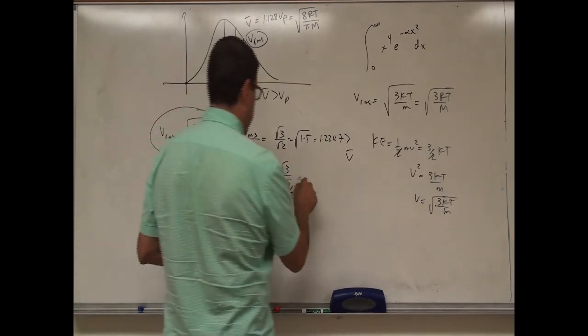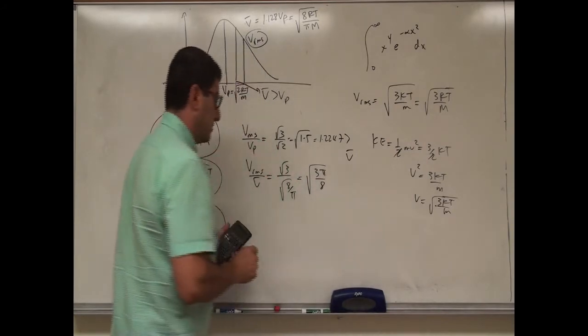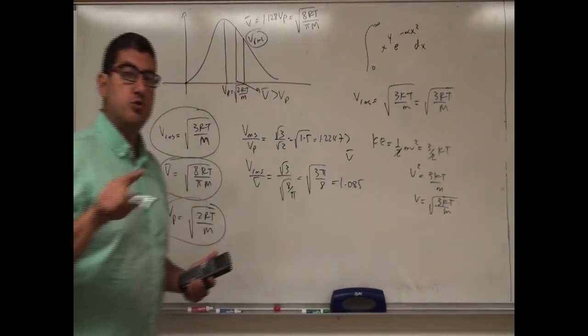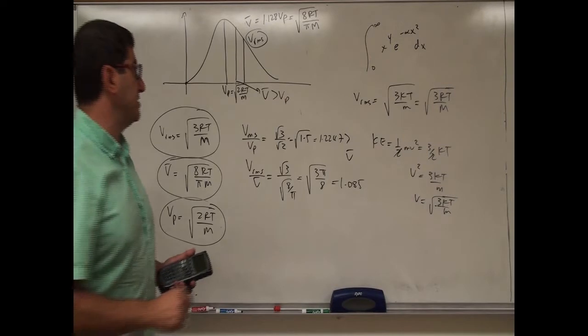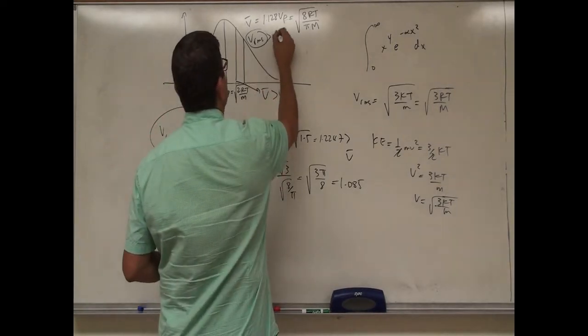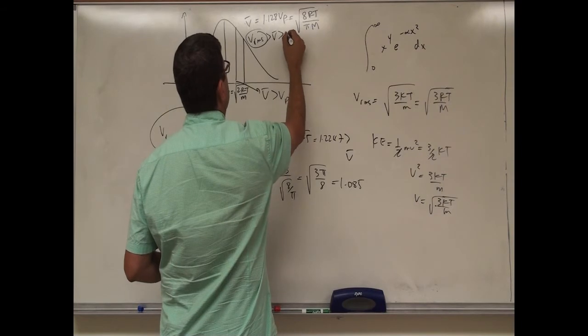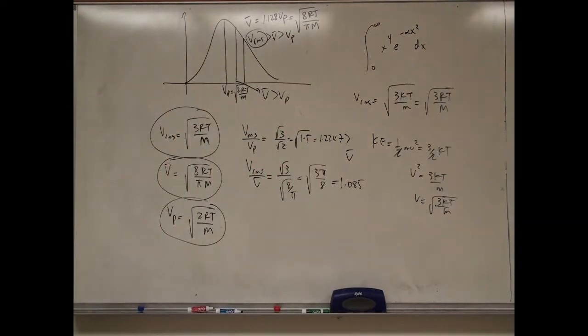Right? So you can say here the square root of 3 pi over 8, which is 1.085. So you can say the root mean square speed is 8.5% larger than the average speed. You see? So this is larger than the average speed, which is also larger than the most probable speed. Right? So that is the speed that has the most meaning.